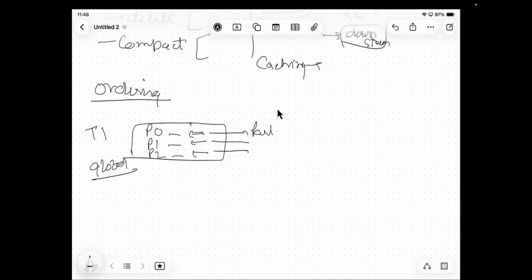Okay, so we will understand this when we move into partitions. In the next lecture, when we go through partitions, we are going to understand this at a very deep level.